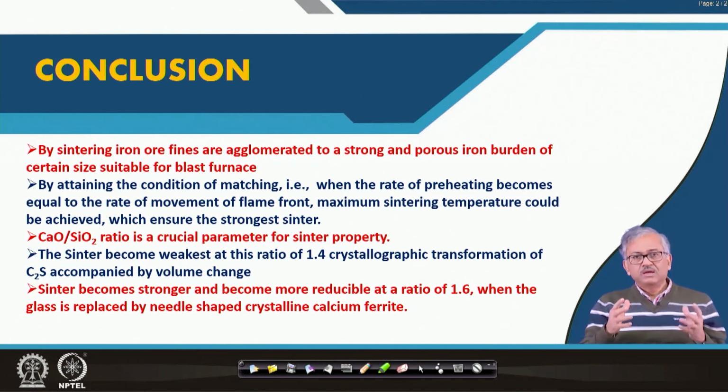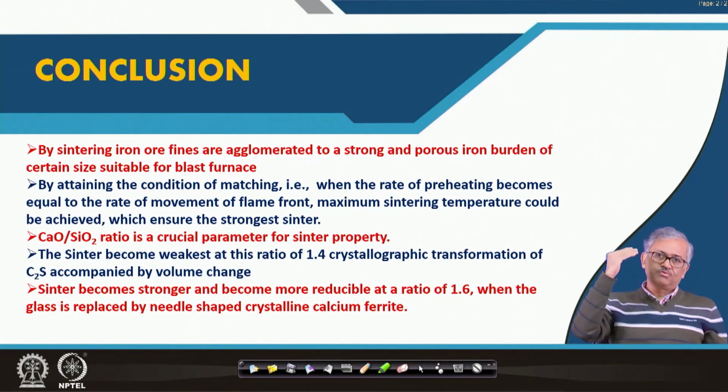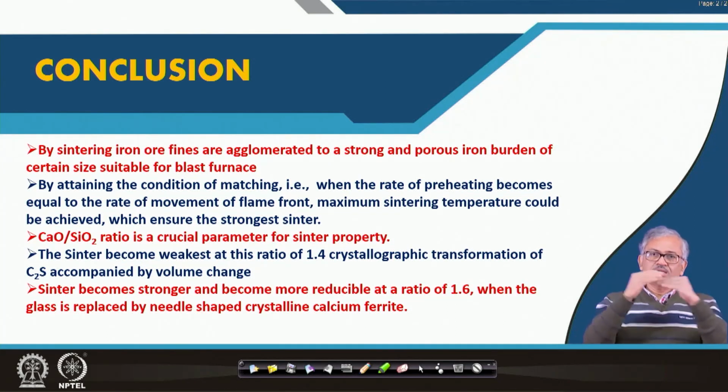So basically, under the condition of matching, you are making full heat exchange between the gas and the solid, and the rate at which the heat front is moving downwards is equal to the rate of your flame front movement. As soon as the heat exchange becomes complete, you set the layer on ignition at the same time.